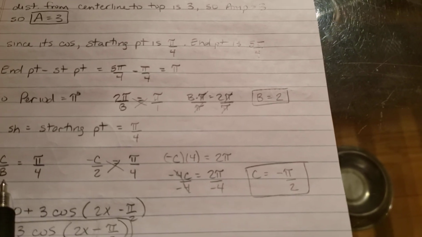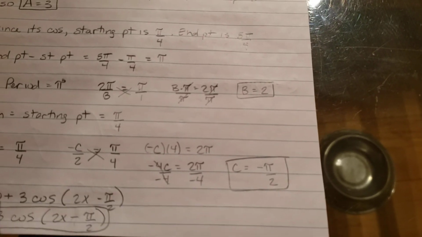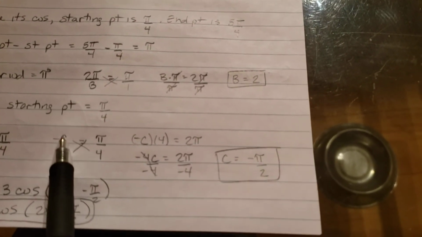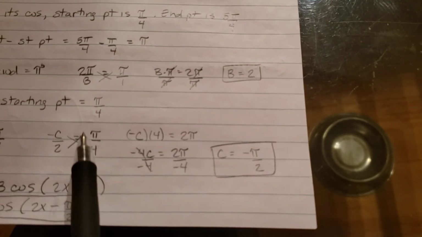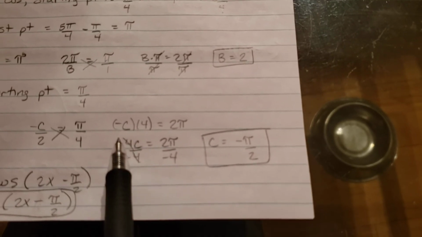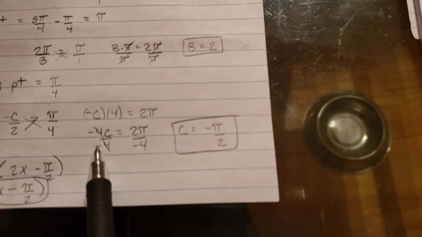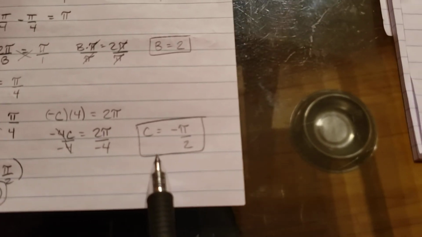So we replace b with 2 because we found that in the previous step. So negative c over b becomes negative c over 2, which is equal to pi fourths. Now we cross multiply. So we have negative c times 4 equals 2 pi, and then divide both sides by negative 4, so we get c equals negative pi halves.